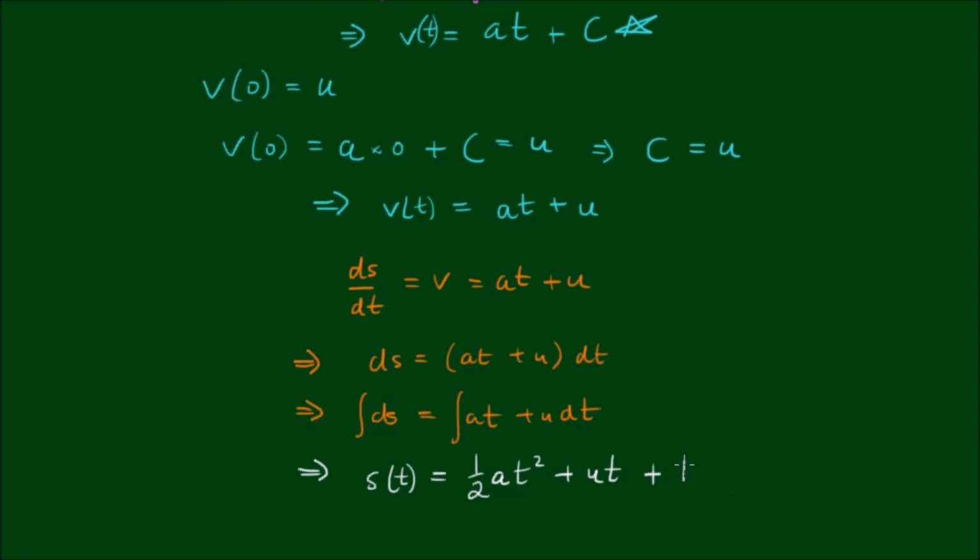Let's use k. Okay, so we had an initial value for the velocity at time equals 0 of u, and let's say the displacement at time equals 0, so s of 0 is equal to 0. So we're starting from the point 0.